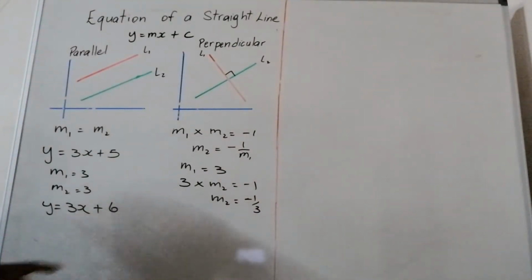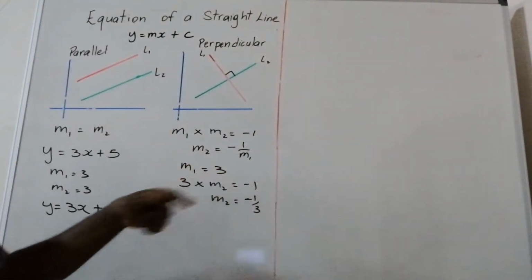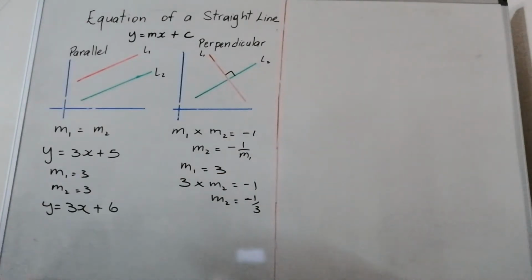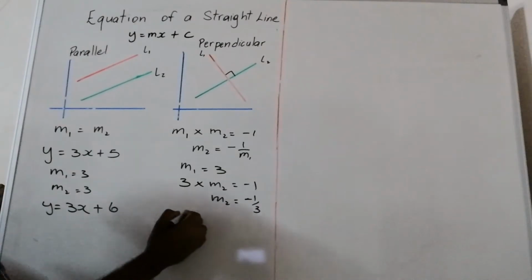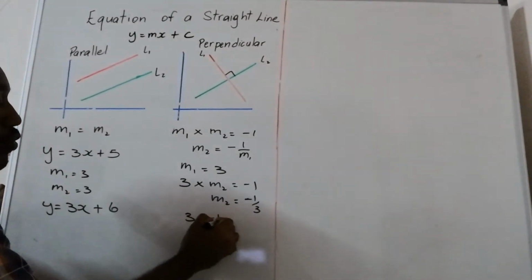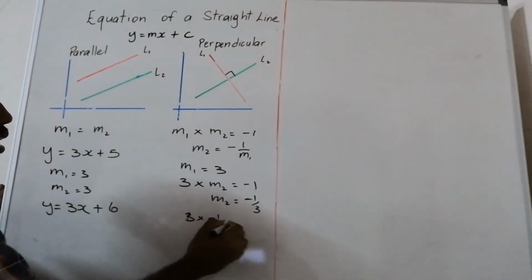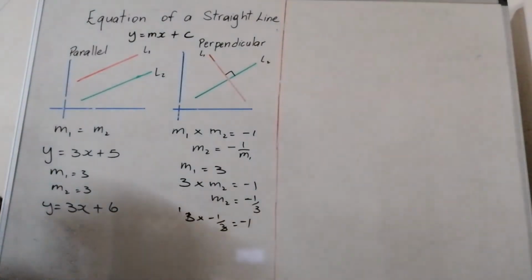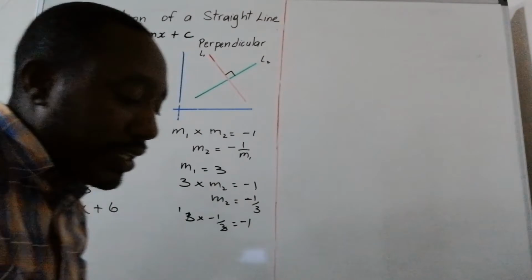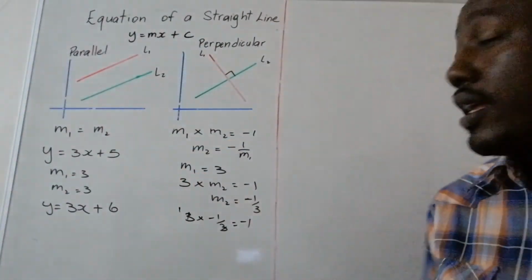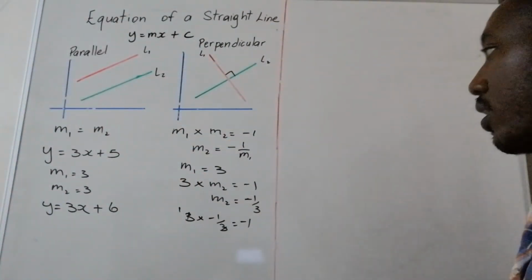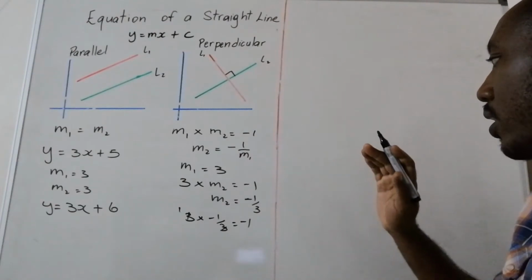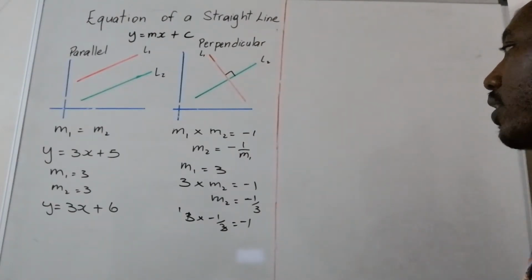So look what we did. We upturn, so the reciprocal of 3 is 1/3, and we change the sign. And when we multiply 3 times -1/3, our answer will be -1. So the gradient of a perpendicular line is the negative reciprocal of the gradient of the first line.